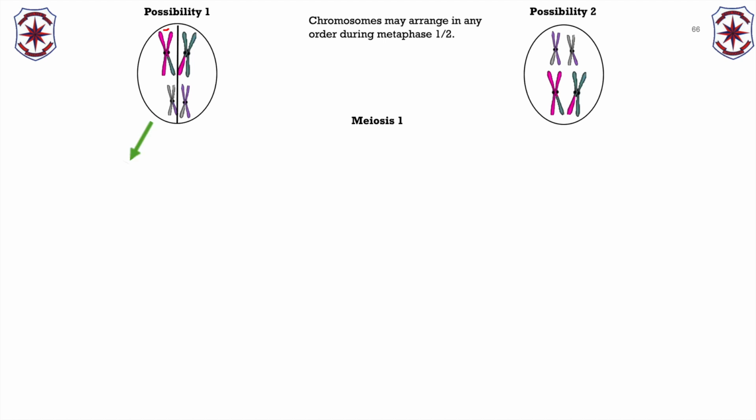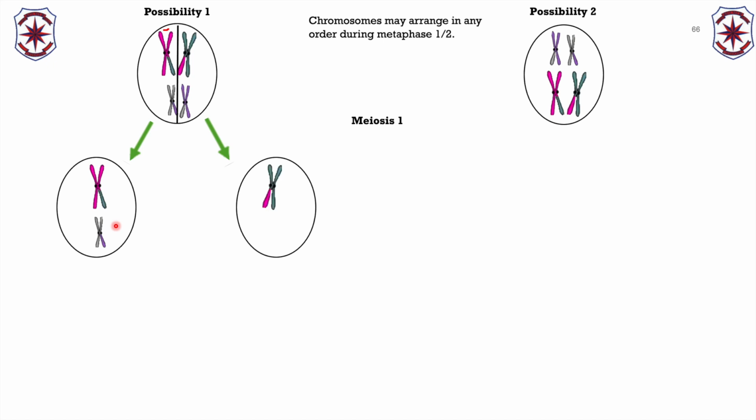So, on this cell, these chromosomes will be pulled to that pole of the cell. Those two chromosomes will be pulled to that pole of the cell during anaphase 1. And then when the cell divides at telophase 2, we are going to have that chromosome in this daughter cell, as well as that chromosome in that daughter cell. On a different daughter cell, we will have that chromosome on the daughter cell, and then we will also have that chromosome on that daughter cell.